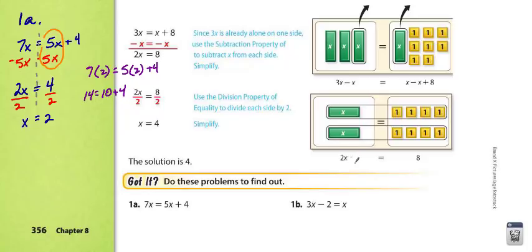So 1b, I have 3x minus 2 equals x. And again, my goal is to always get x by itself, which means I always have to get the x's to one side of the equation. So here I am going to add negative 3x to both sides.